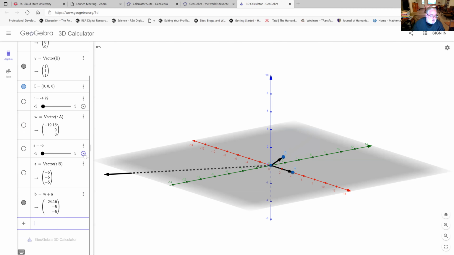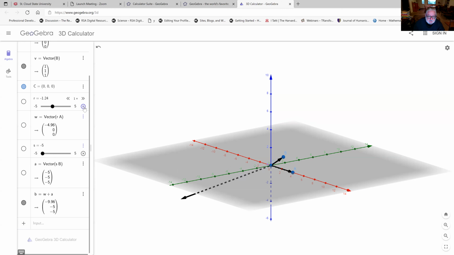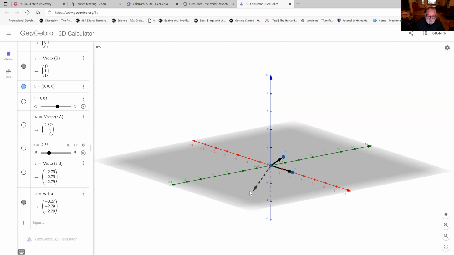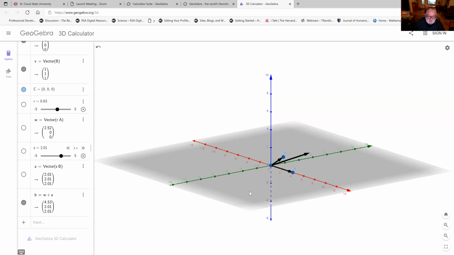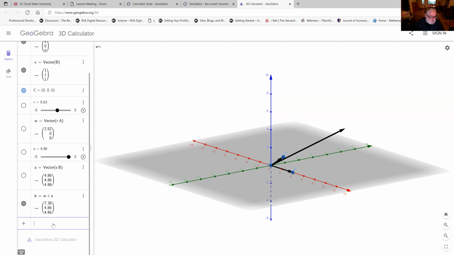So as I change R, and this is changing vectors along the x-axis, we get this vector. If I change S, which is changing vectors along this other direction, then we get these various vectors. So where are all those vectors? What's the space in which all those vectors lie?